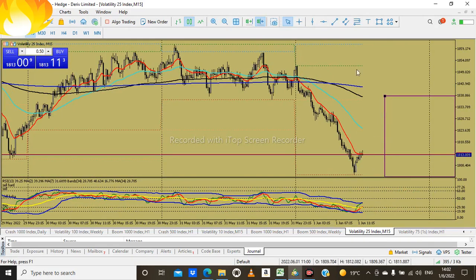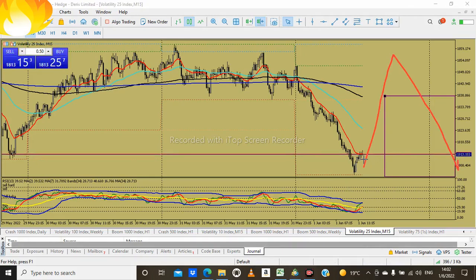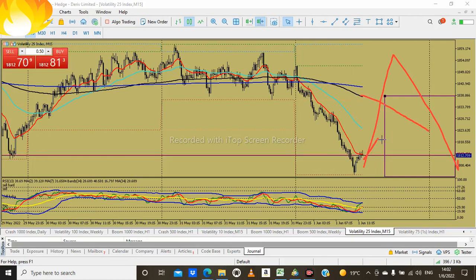So price might just continue ranging up in this area, or what it can do is that it can come, and when these cross, this comes there, price can come there, then go down.